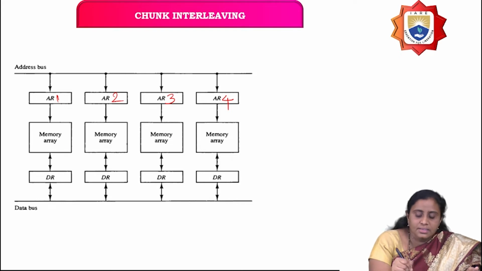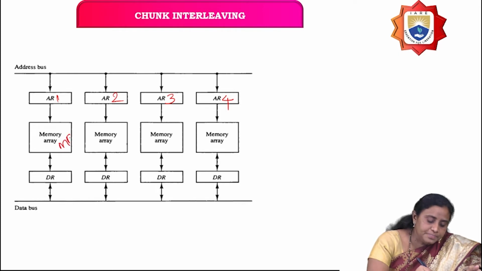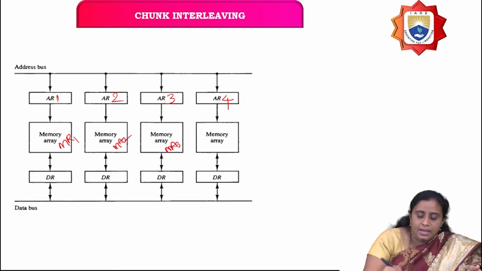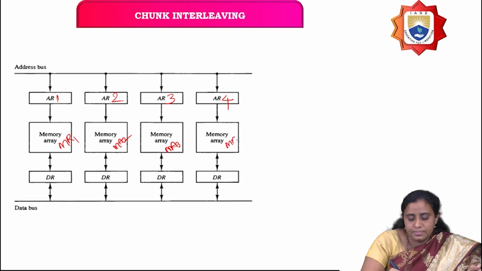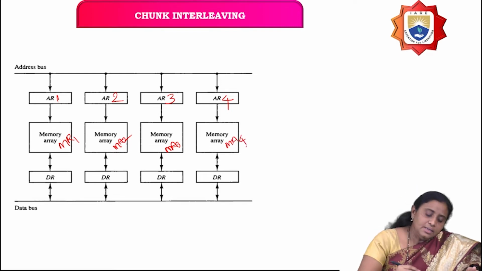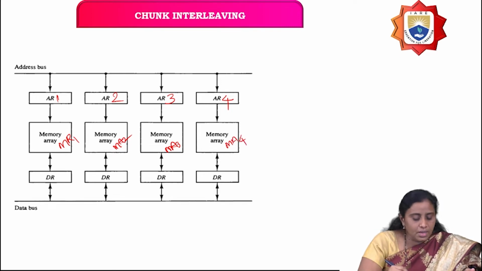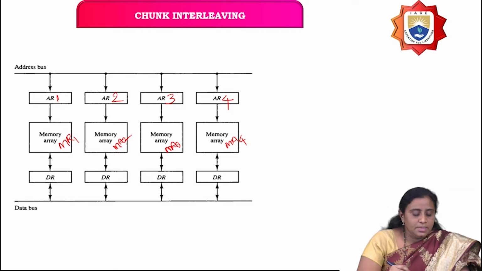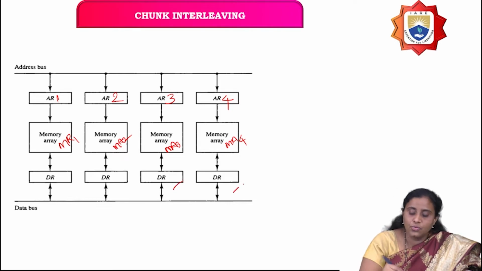The second set of registers are the memory registers, memory array 1, memory array 2, memory array 3 and memory array 4. And the last set of registers, which we can collectively call the data bus, are the data registers, DR1, DR2, DR3 and DR4.